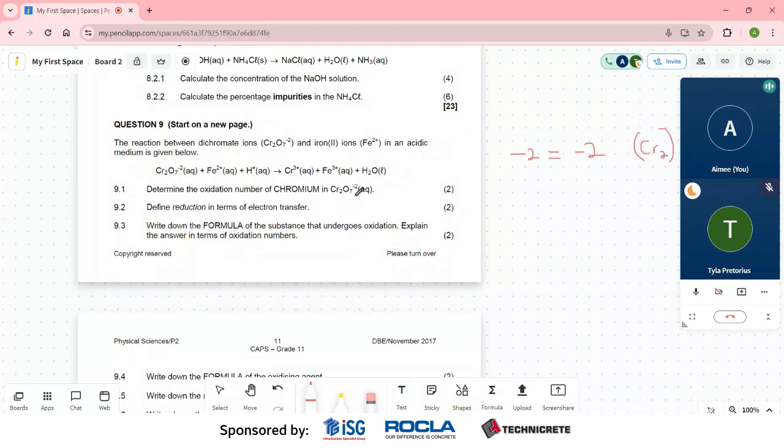But we know the charge on oxygen is -2, and I have 7 of them, so I multiply by 7. So -2, the charge on the overall molecule, is equal to -2 times 7, which is -14, plus, what is my Cr value that's going to get this to -2?